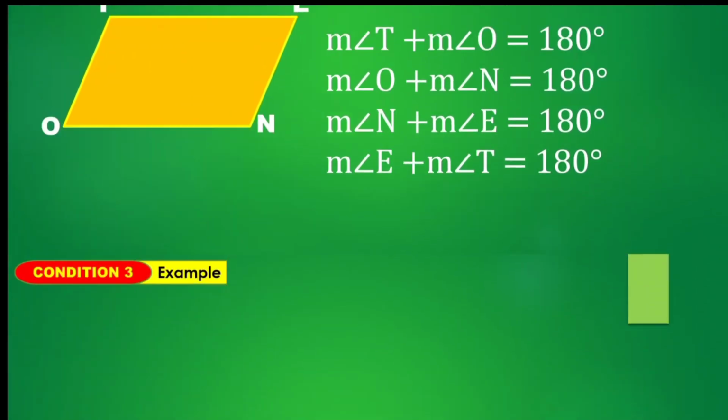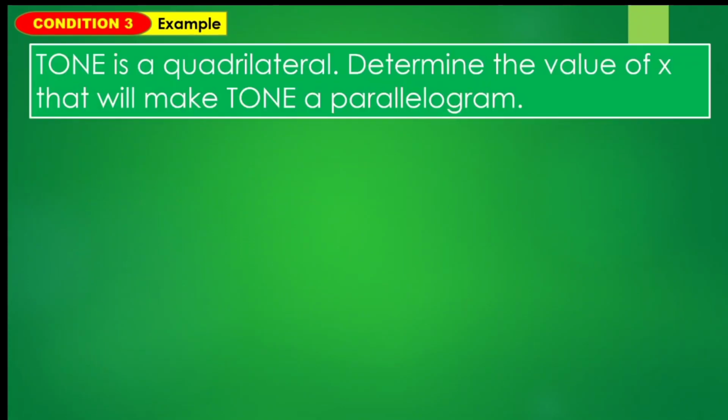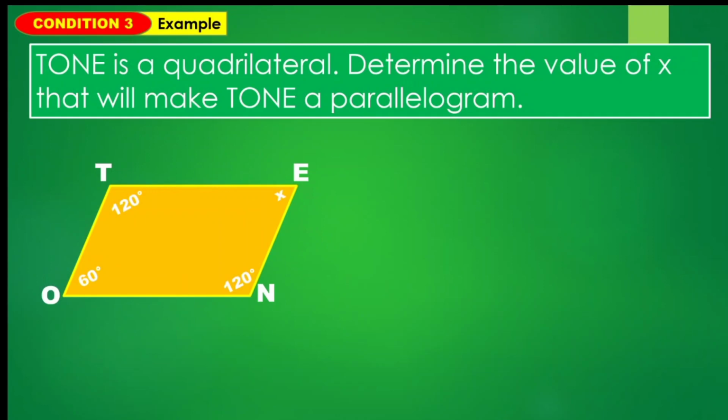Okay, so let's now have an example. TONE is a quadrilateral right here. Determine the value of x that will make TONE a parallelogram. So again, the measure of angle T is congruent to that one and that one. We actually don't need to show a solution here, but as of this moment, let's apply condition number 3, that angle T and angle E are supplementary angles. So the measure of angle T plus the measure of angle E is equal to 180 degrees.